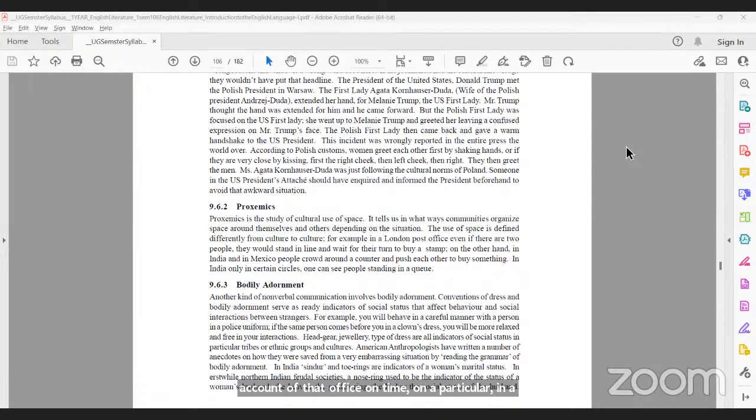So these are things which we don't have, or which can vary from one country to another, right?